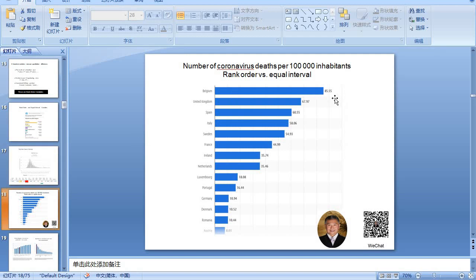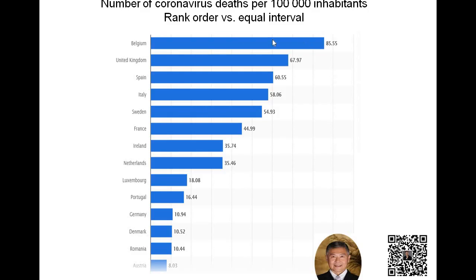In Europe, Belgium is number one. Belgium has the largest number of deaths per 100,000 people. The United Kingdom ranks number 2. Spain ranked number 4.